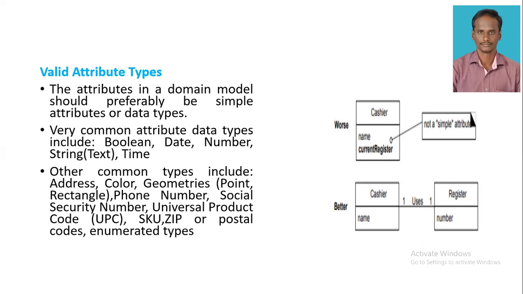Other common data types include address, colors, geometric shapes like points, lines, rectangles, squares, and so on, phone numbers, social security numbers, universal product codes, SKU, zip codes or postal codes, and enumerated types. An example is also given, worse and better. For worse, it is Cashier with name and currentRegister. The current register is not a simple attribute. For better, we can have Cashier with name. The cashier may use the register number.